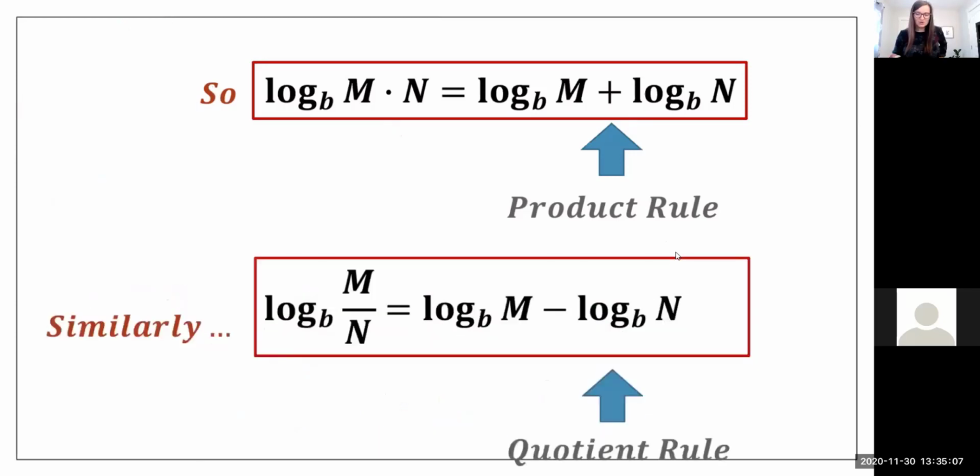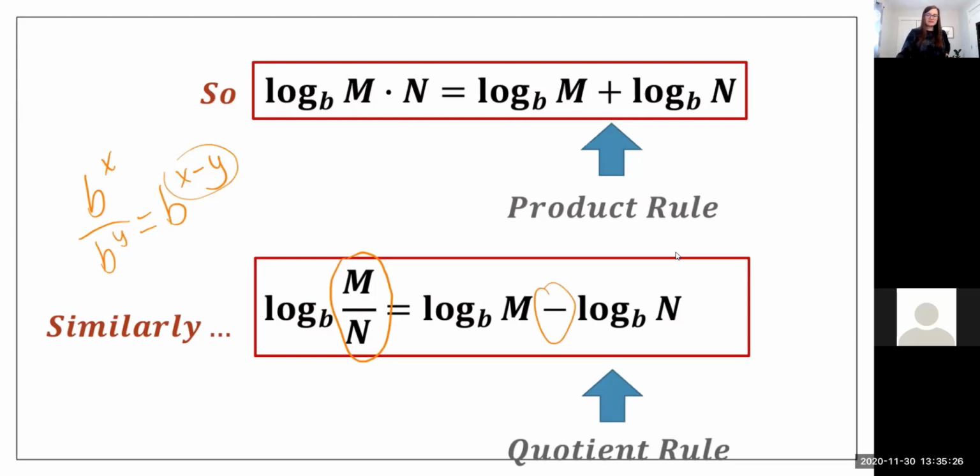Okay, so the same thing, remember what we did with division? If you had b to the x over b to the y, you would go b to the x minus y. That relationship is also going to be mirrored there, just like we did with the previous one. So just to redo that example, if you had b to the m over b to the n, that would equal b to the m minus n, right?